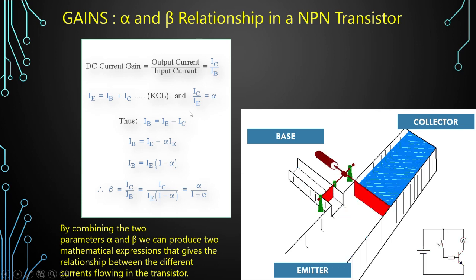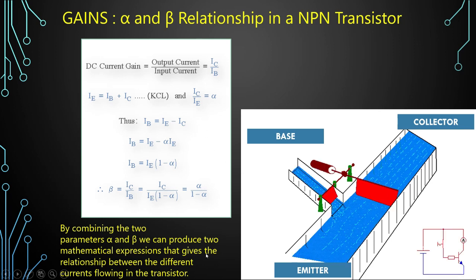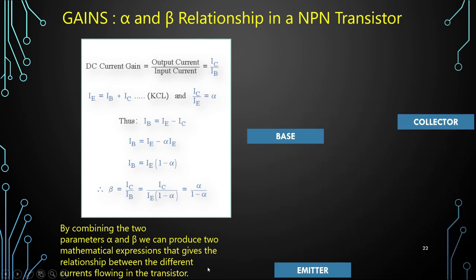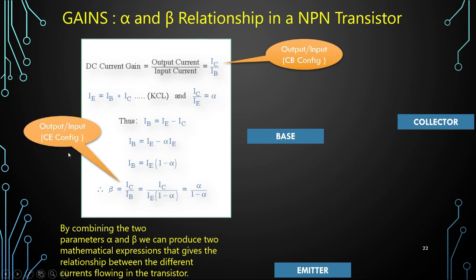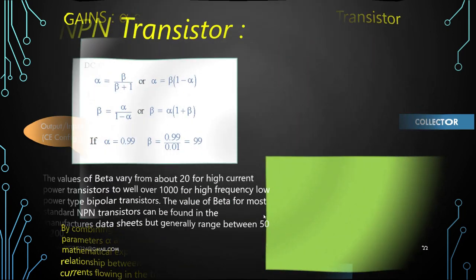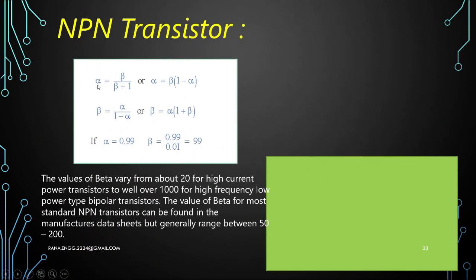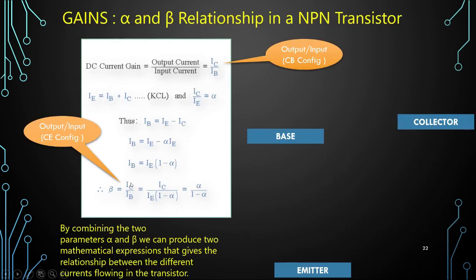So alpha and beta are the gains in two different configurations. Alpha is output by input for common base, and beta is output by input for common emitter. So beta is equal to alpha by 1 minus alpha.